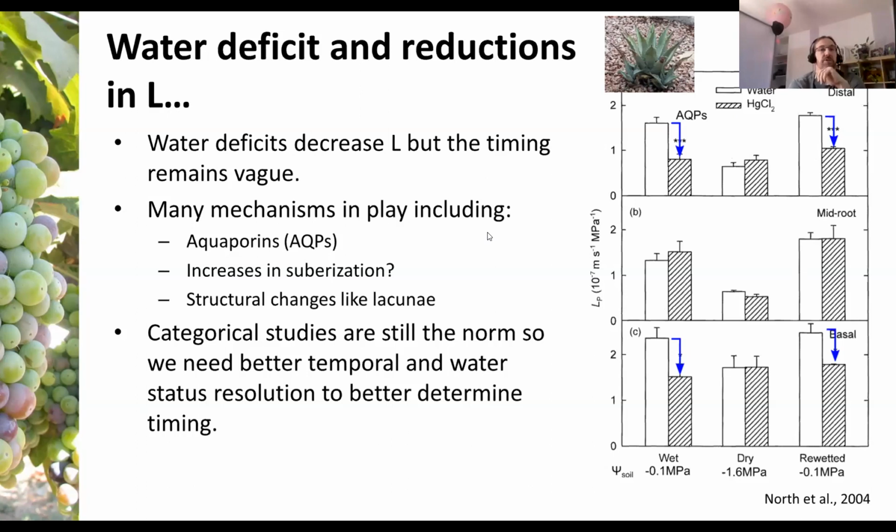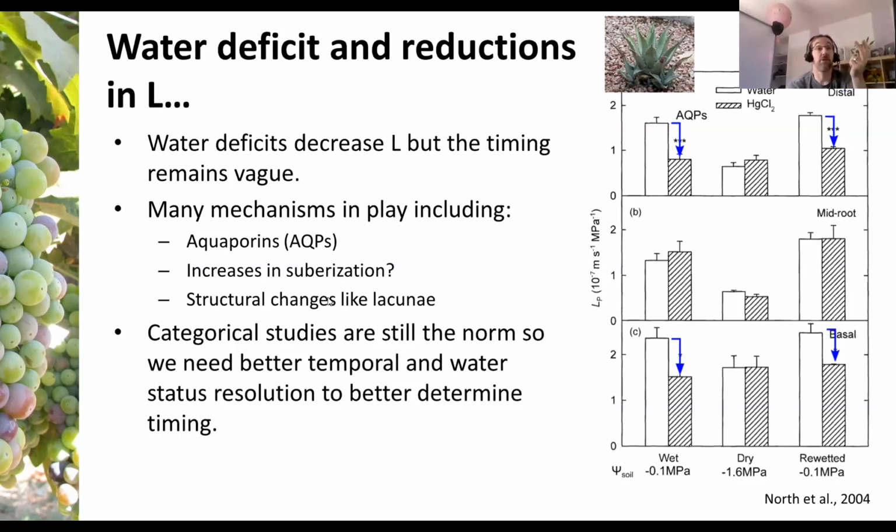But there are a lot of different mechanisms that happen simultaneously or at different stages, and this is where I want to focus on trying to get more out of the timing. When we look at the reductions in root hydraulic conductance under water deficit, you have aquaporins that get regulated. You have changes in these suberized structures, which is what I was just talking about in the preceding slides.